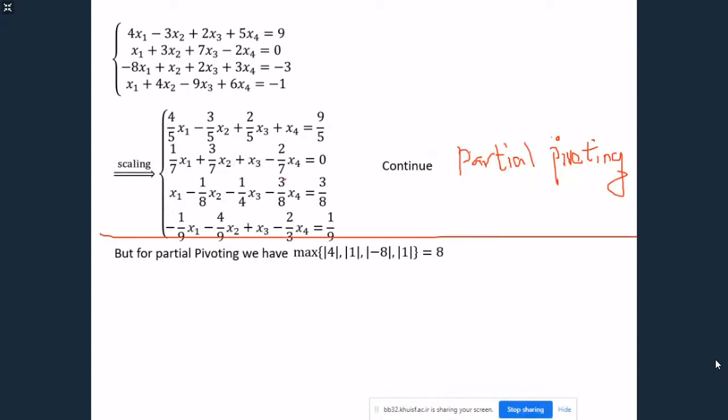It's doing partial pivoting scaling, but here I do partial pivoting without scaling.